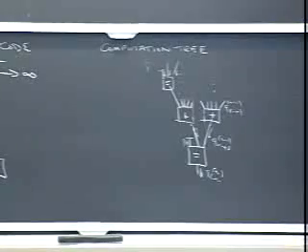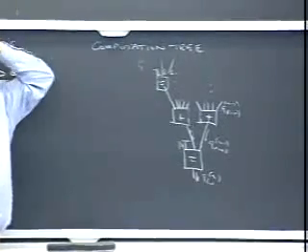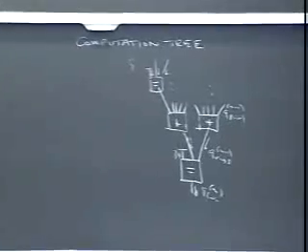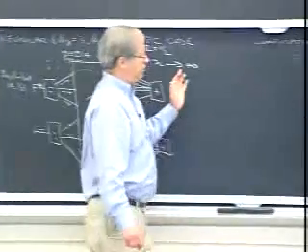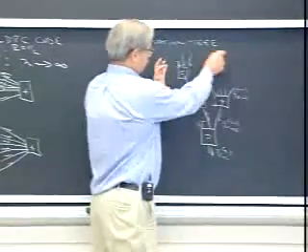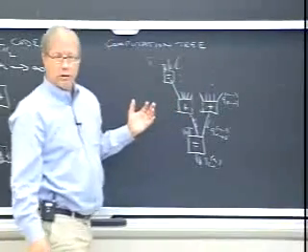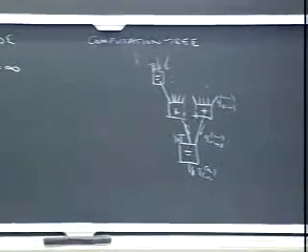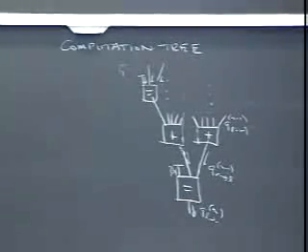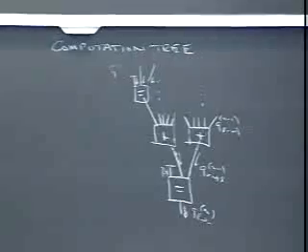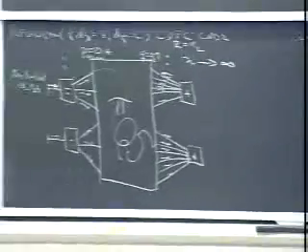So I fix the number of iterations I'm going to look at, I let the length of the code go to infinity, and I let everything be chosen pseudo-randomly. Then the probability of seeing the same message or bit twice in this tree goes to 0. And therefore, in that limit, the independence assumption becomes valid. That is basically the argument. So I can analyze any fixed number of iterations in this way.